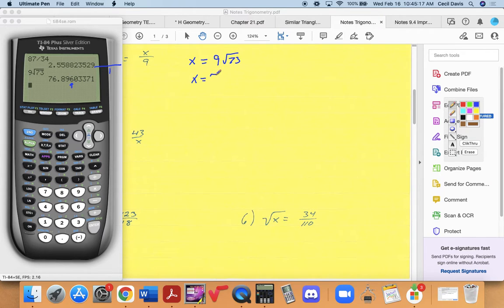So this is going to be 76 point what? Yeah. And it's important that you keep the 0. When it says round to the nearest hundredth, if you've rounded at all, you need to have something in the hundredths place. Now, if you haven't had to round, if the answer to this was 3.5, you just write 3.5. You don't have to put a 0, but if you have rounded, you need to have the hundredths place.